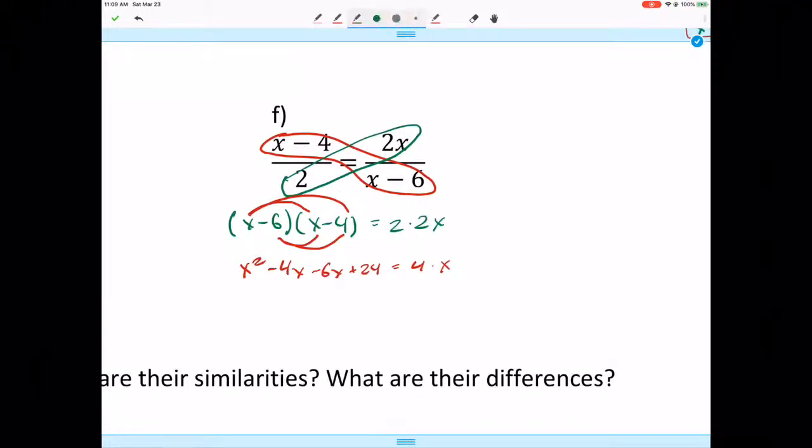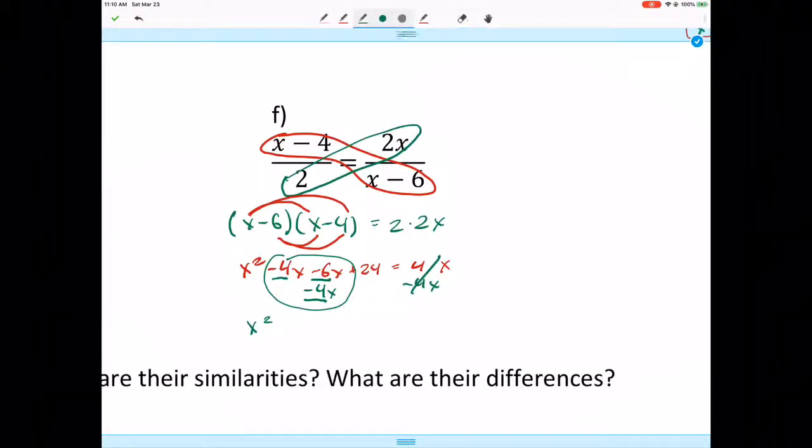So we would want to subtract 4x from both sides. Okay, and once we've done that, we would want to combine like terms. So we'll have x squared, negative 4 minus 6 is negative 10, minus 4 is negative 14, right? So negative 14, sorry, did I say 16? Minus 14x plus 24 equals 0.